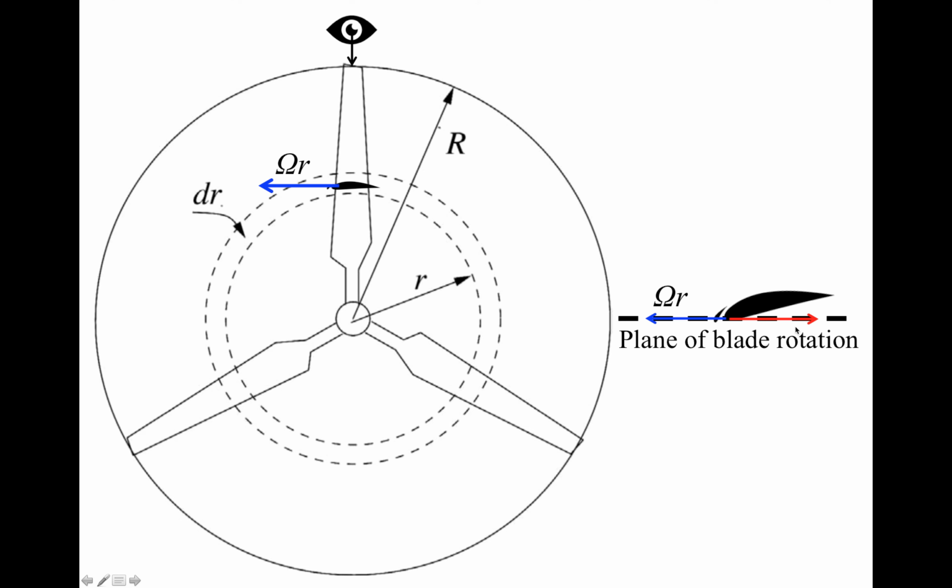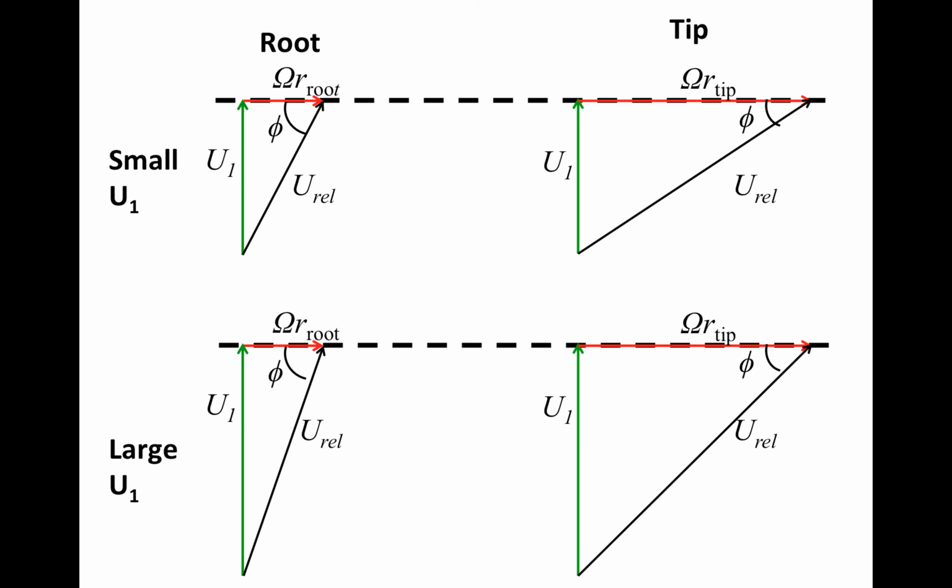If we draw the velocity triangle for the airfoil at the root of the blade, and also the velocity triangle for the airfoil at the tip of the blade, at different free stream wind speeds, this is for small free stream wind speed u1, and this is for large u1.